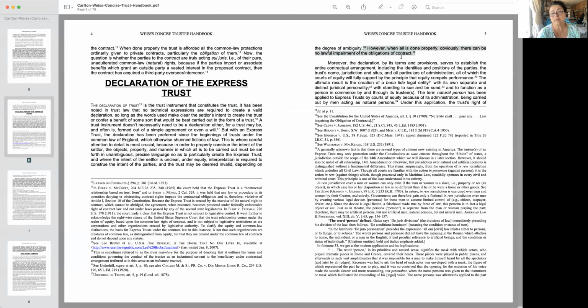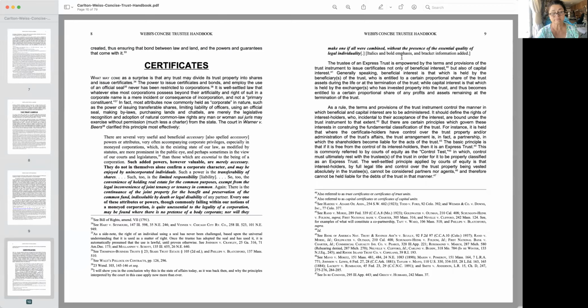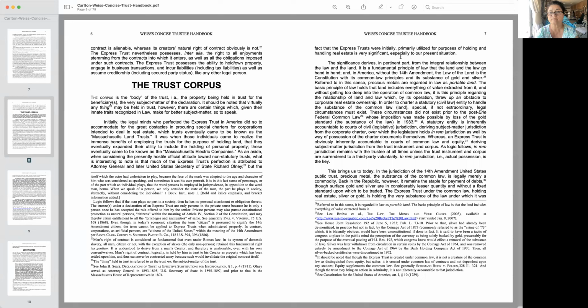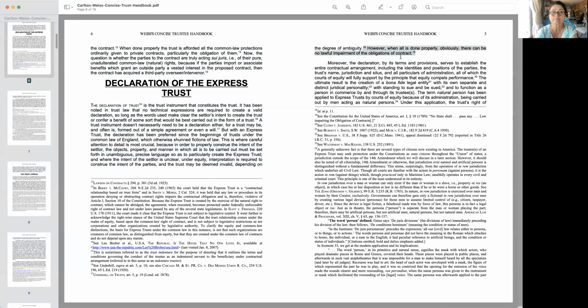However, when all is done properly, obviously, there can be no lawful impairment of the obligations of contract.